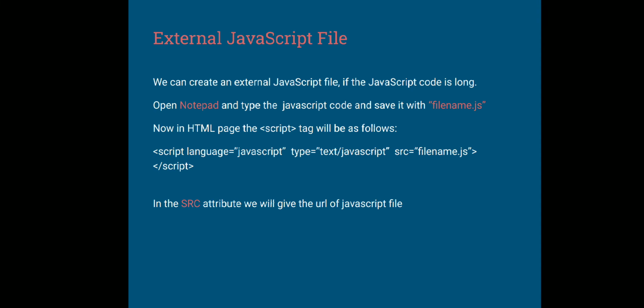Now, let us see the second method, that is an external JavaScript file. If the JavaScript code is lengthy, then we can create an external JavaScript file and include it in the script tag of the HTML page.